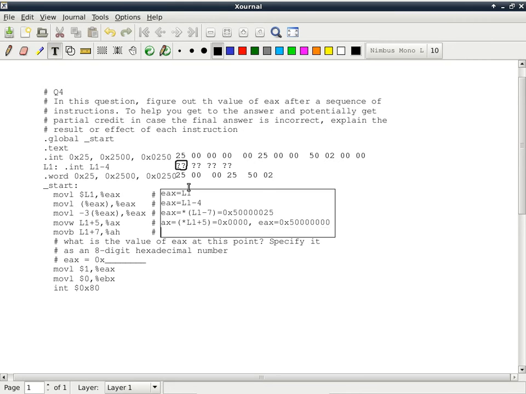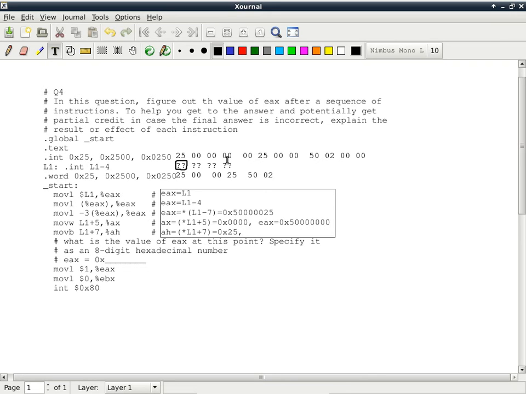All right, so here's the last part here. AH, which is bit 8 to bit 15 of EAX, is dereferencing L1 plus 7. What is L1 plus 7? L1 plus 1, 2, 3, 4, 5, 6, 7. So L1 plus 7 has a bit pattern of 2, 5.